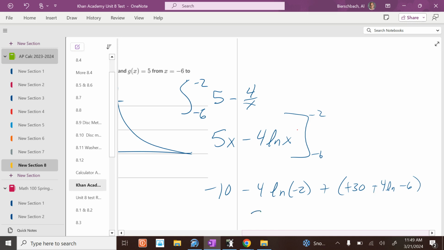So -10 minus a -30 is -10 plus 30, which is 20, minus 4 ln of -2 over -2, because this is negative, it'd be 2.